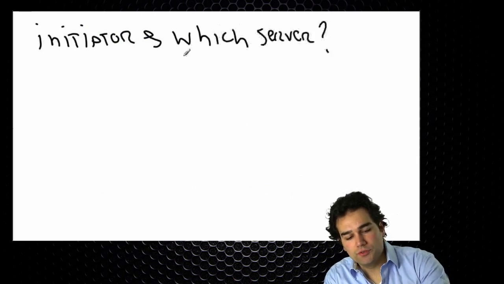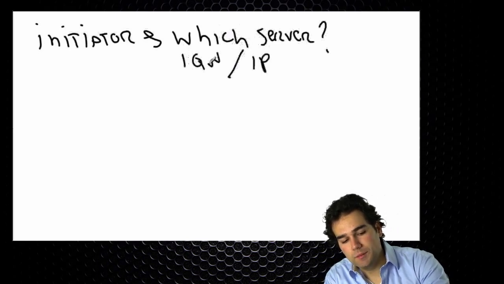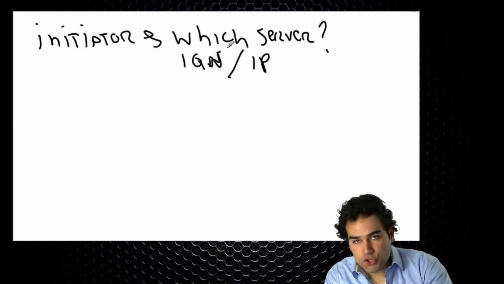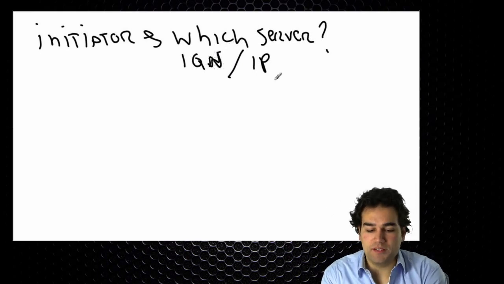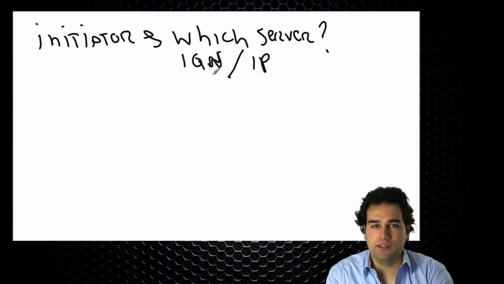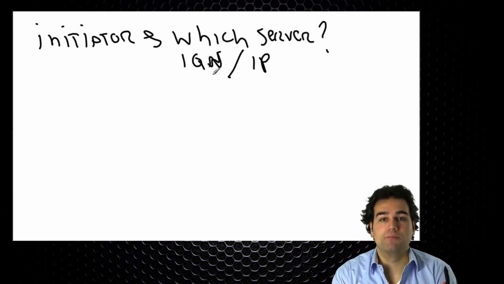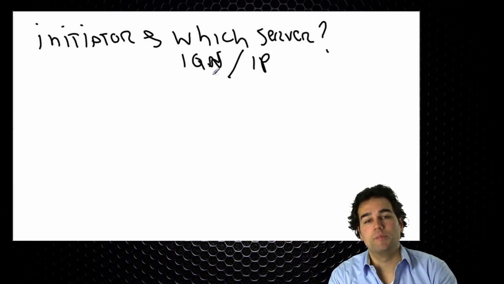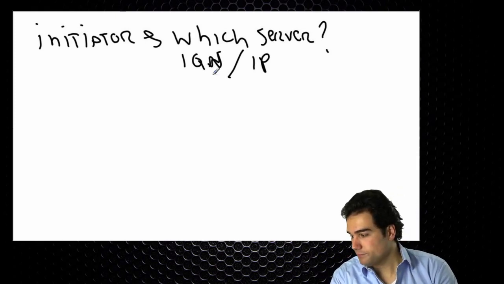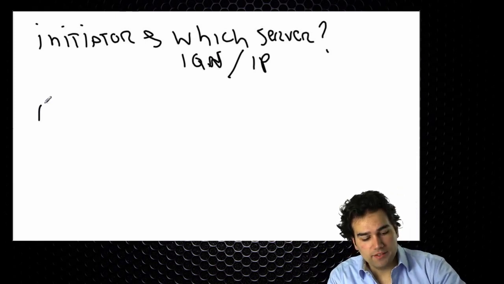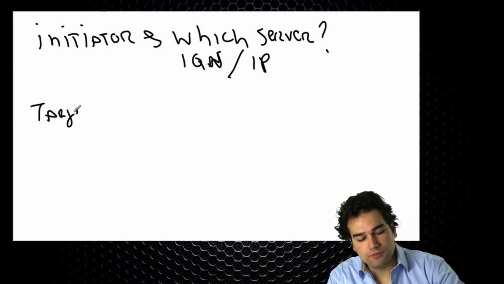And what I mean by which server is either which IQN or which IP address it is coming in from. I can choose whether I want to specify the IP or specify the IQN. So I can choose either one, and I can mix this. I can configure one server based on its IQN and the other server based on its IP. And so that is my first configuration.